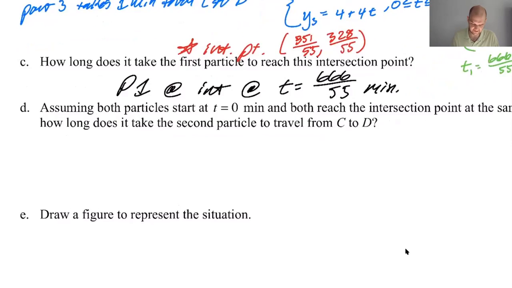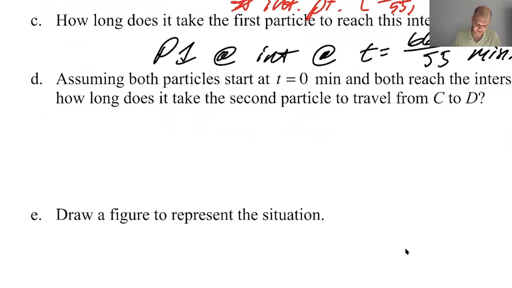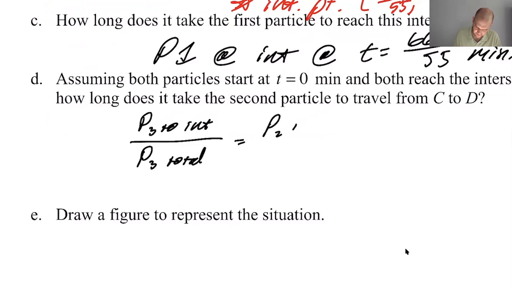Since they're going at a constant rate, and they're moving on the same line segment, P3 to intersection over P3 total should be equal to P2 to the intersection over P2 total.